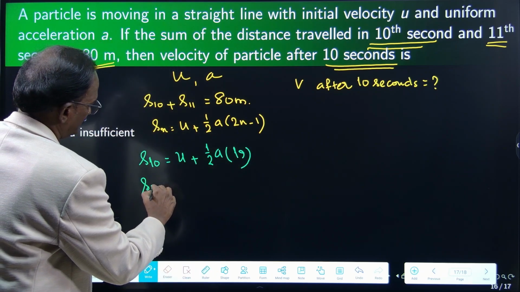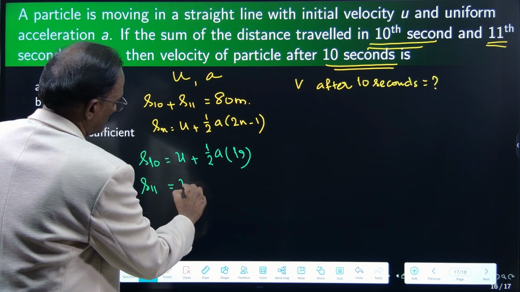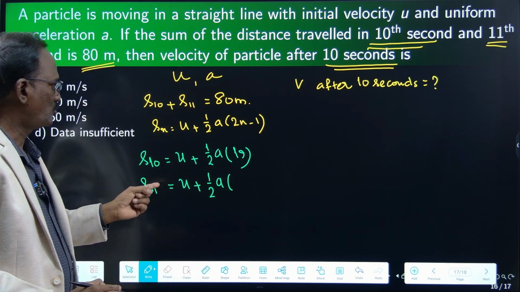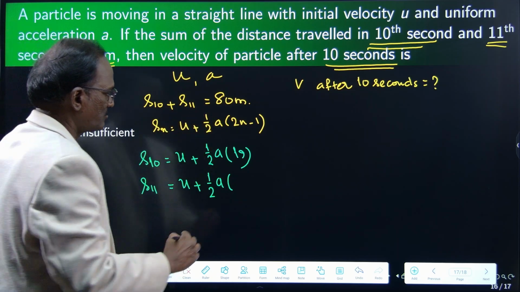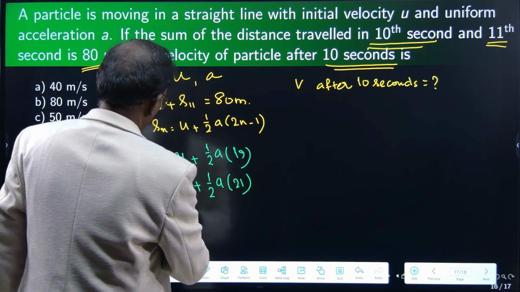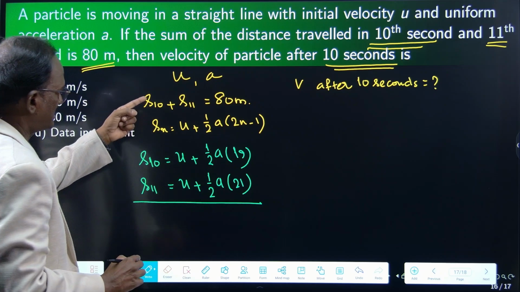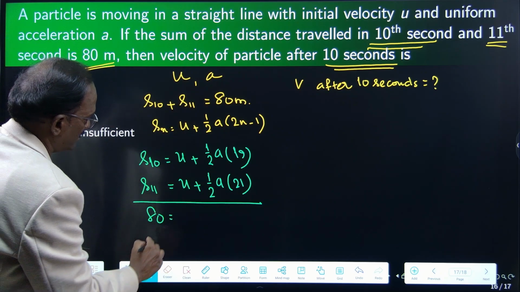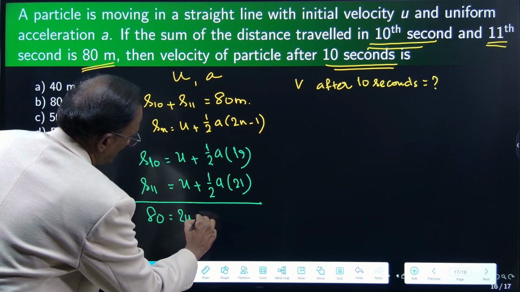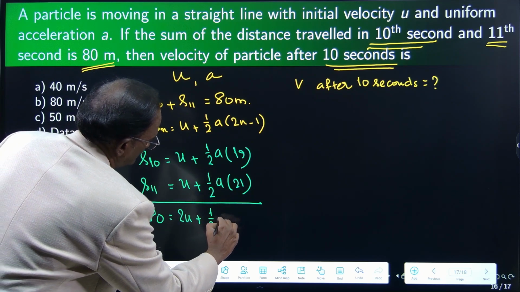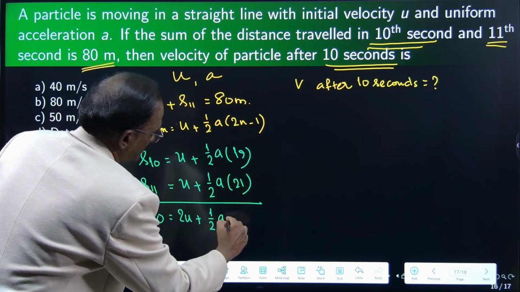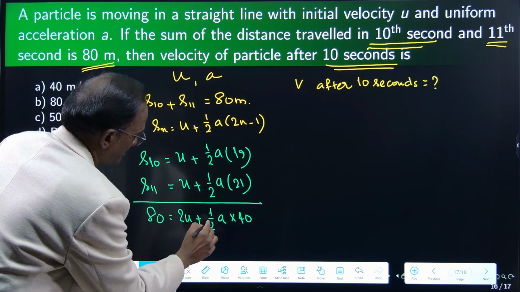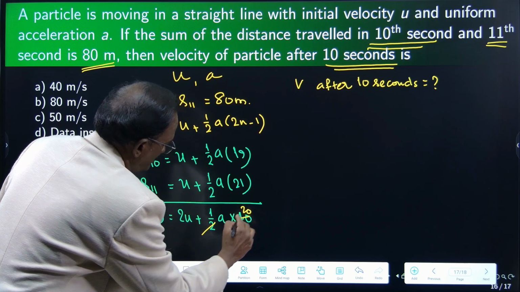Then S11 is u plus a by 2 into (2 into 11, 22, minus 1) which is 21. If you add these two, S10 plus S11 is 80 meter. This is 2u plus a by 2, which is common, into 19 plus 21, which is 40. So this can be written as 20.